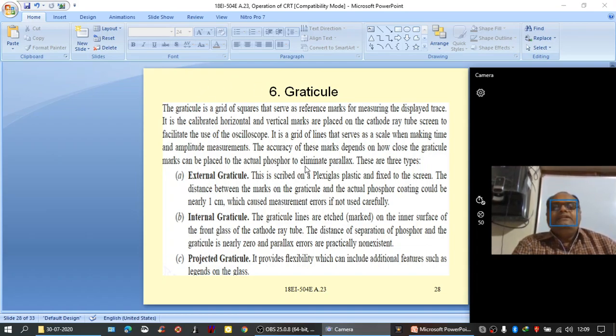It is the grid of lines that serves as a scale when making time and amplitude measurements for the signals displayed on the screen. The accuracy of these marks depends on how close the graticule marks can be placed to the actual phosphor to eliminate the parallax error.